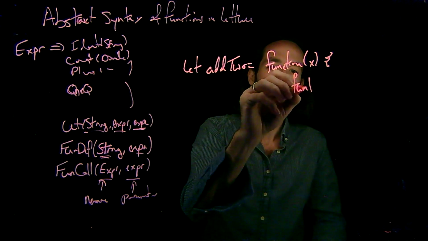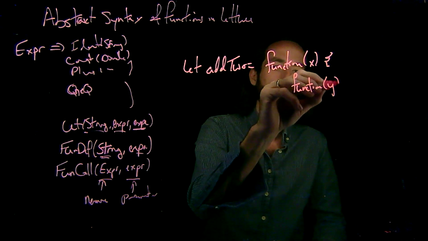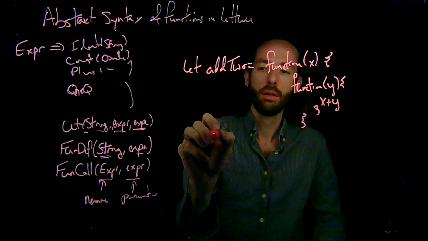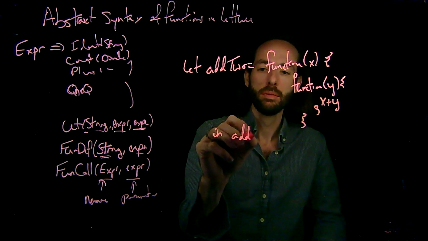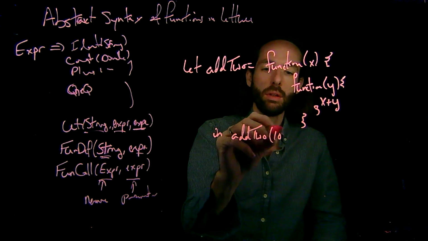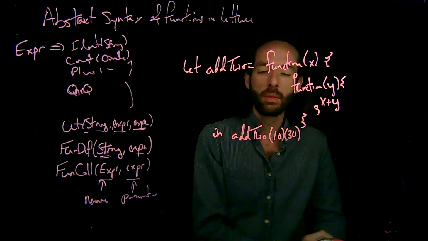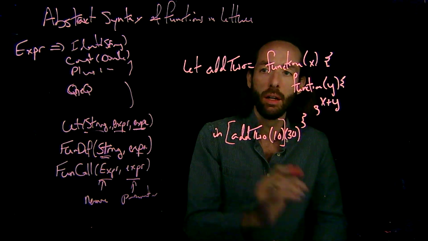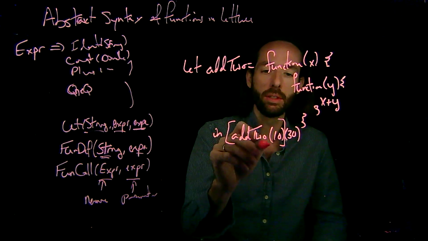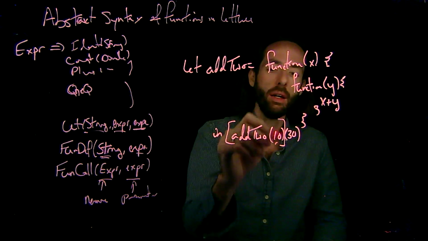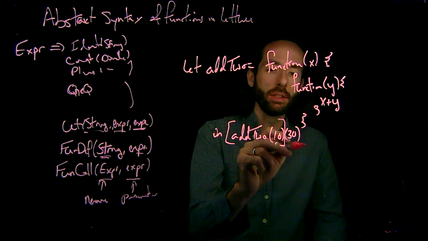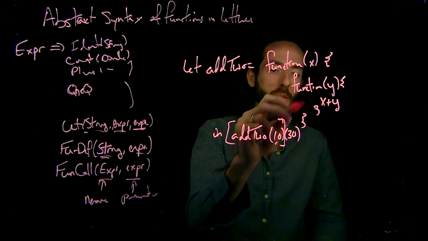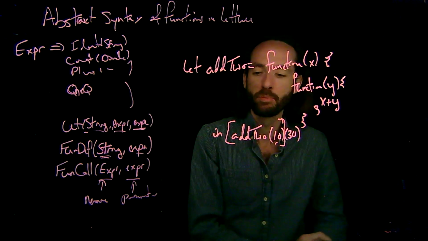It returns a function that takes in a y, which adds x plus y. Right, and then we can call it like this, where this is the call to our original add to, right? So this is the function with x as the parameter as 10, and then that returns this other function, right? That's the square brackets, which takes in the parameter 30, and then we will add 10 plus 30.